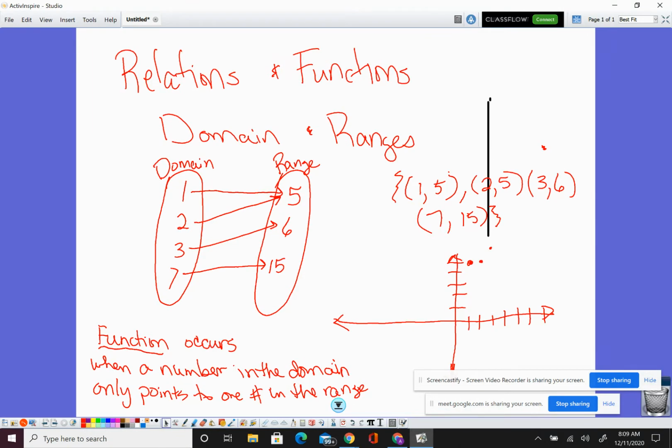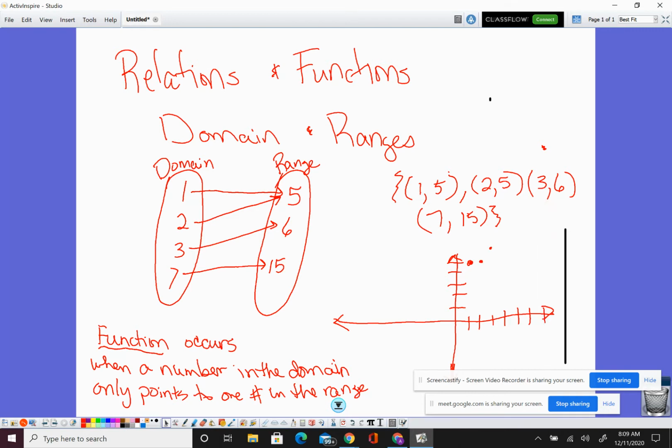If I take that line and I move it, anytime that I move it across the x as I go from left to right, I'm only running into one point at a time. This is called the vertical line test for a function. I only hit that one point as you take a vertical line and you move across the x-axis. So if I only hit one point, it's a function.